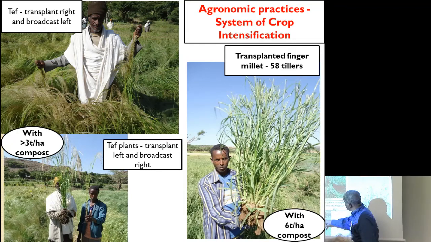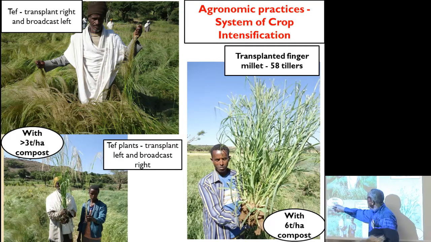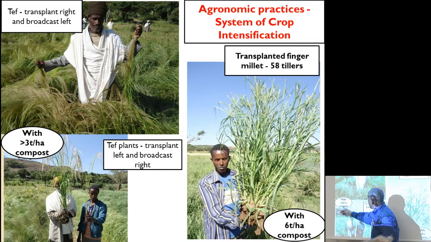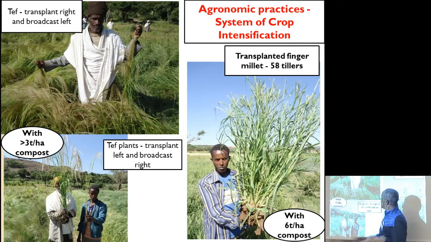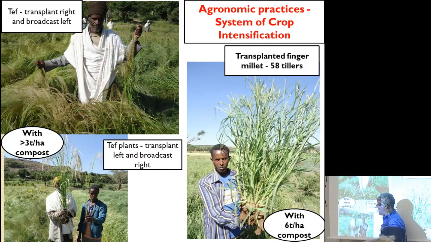Here is also teff. Teff production used to be not more than 1 ton per hectare, but now it is more than 3 tons per hectare. The grain is produced by applying compost. You can see the difference. It is one family, his son and himself, the man.